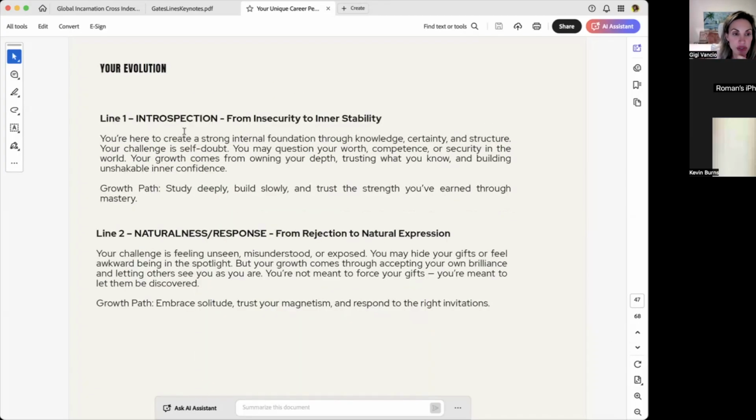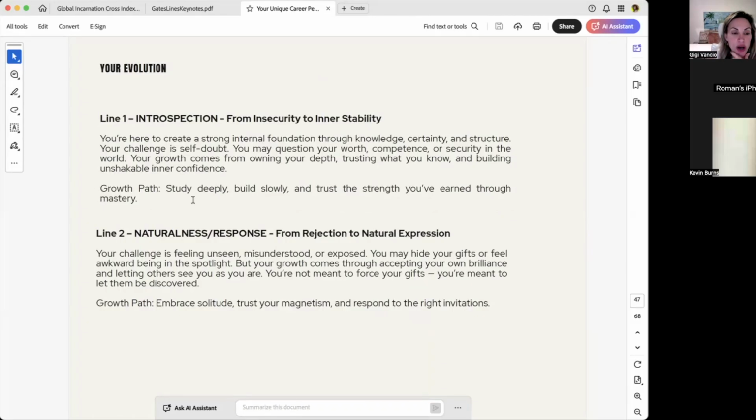So 1 is introspection, and it's moving from insecurity to inner stability. The 1 is creating a strong internal foundation through knowledge, certainty, and structure. The challenge is self-doubt, questioning worth, competence, security. Your growth comes from owning your depth, trusting what you know, and building unshakable inner confidence.